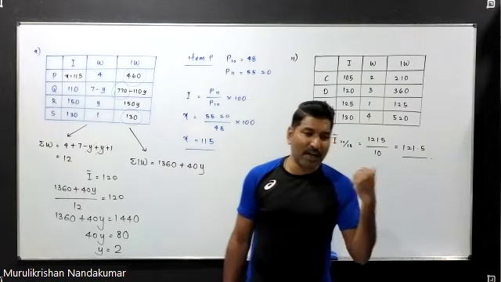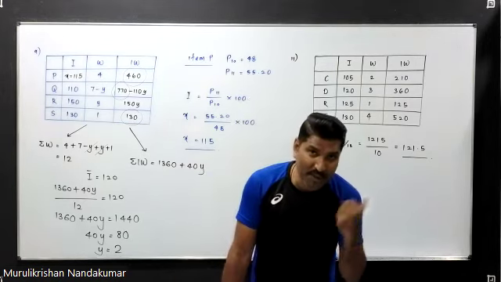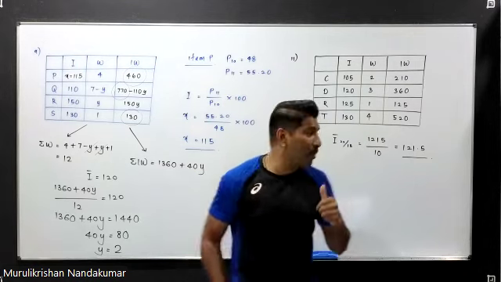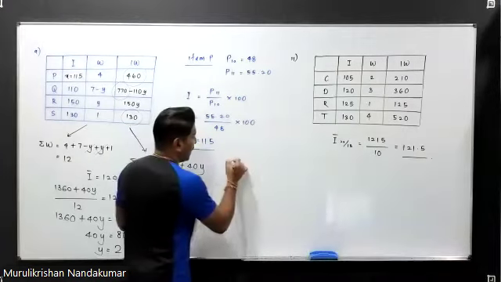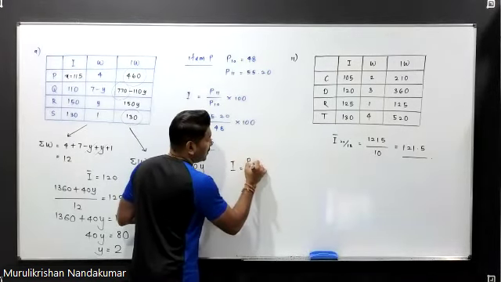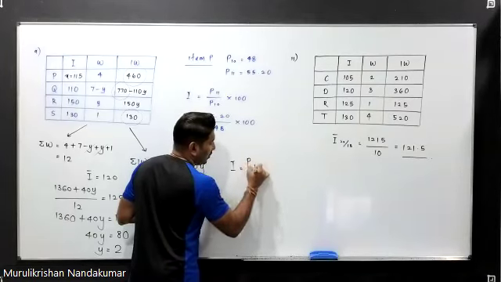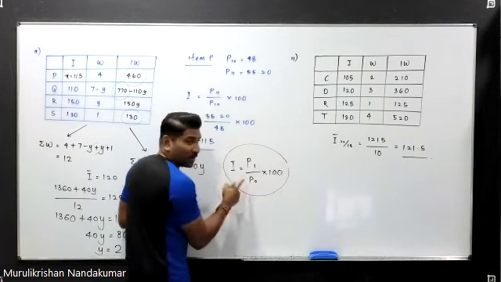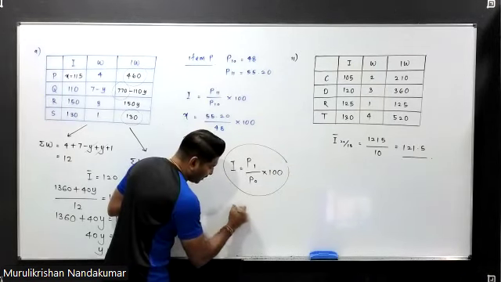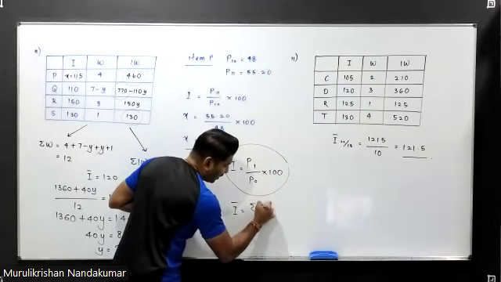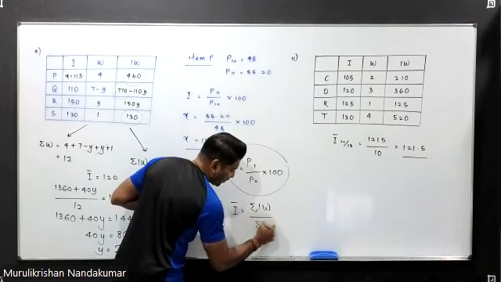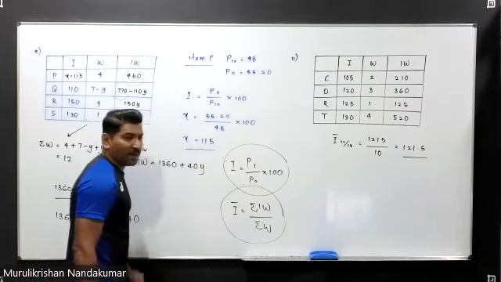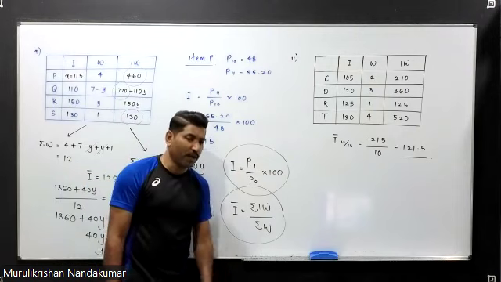The first formula is I equals P1 over P0 times 100. Your second formula is composite index, which is sigma IW over sigma W. You have only got 2 formulas.